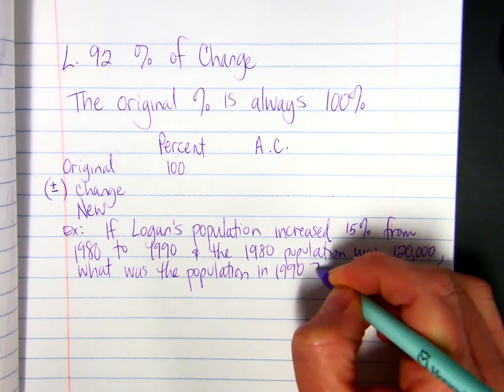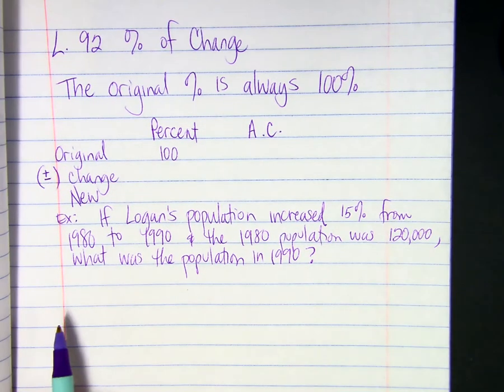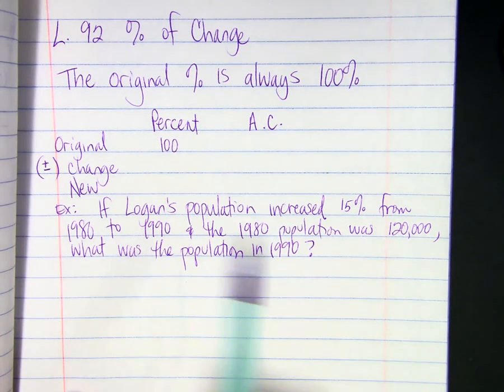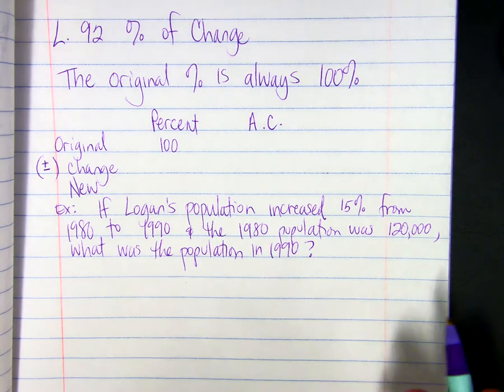If you notice, they're giving you some information that you don't have to use in the problem, which is basically the years. We're just talking about the population and the percent.